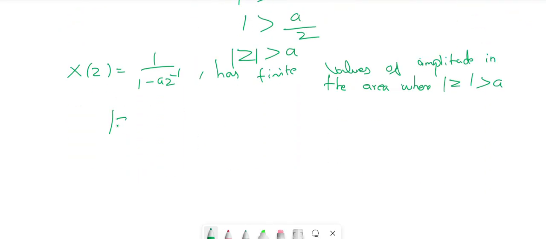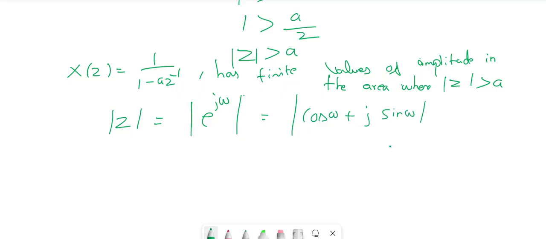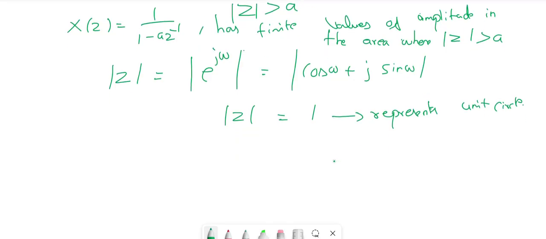The magnitude of z is equal to e power j omega. So you can write cos omega plus j sin omega. So what is the magnitude of z? Cos square theta plus sin square theta will be 1. It represents the unit circle. Okay, so unit circle. So modulus of z should be greater than or equal to a.